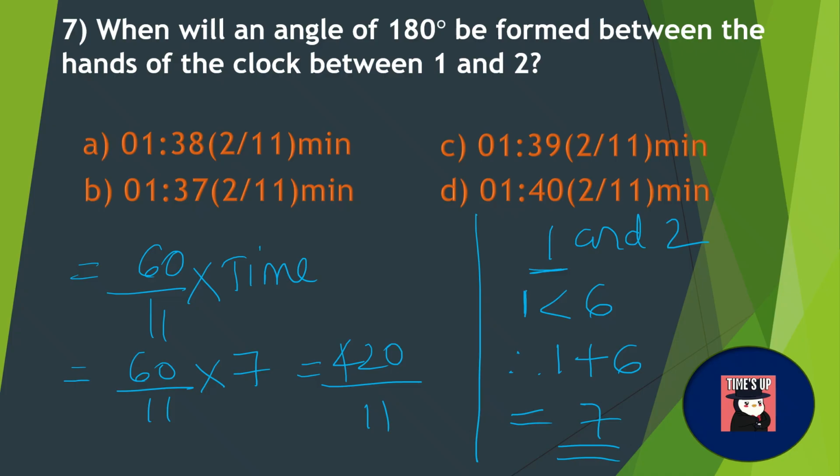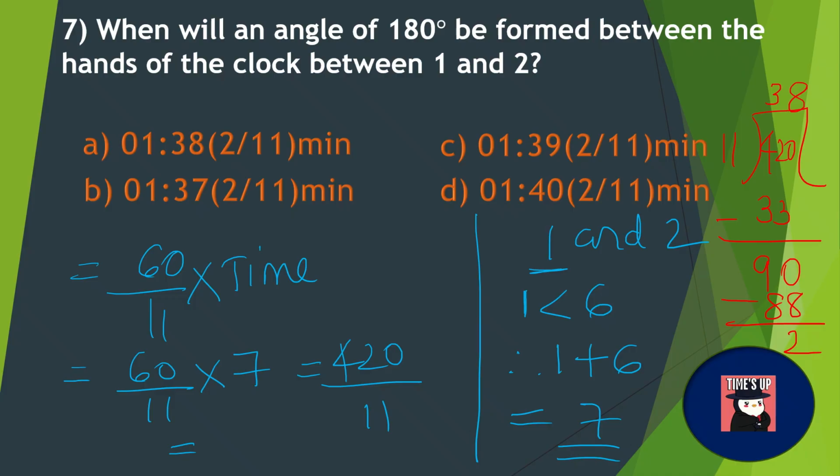Now, 420 divided by 11 when I do, 11 threes are 33, so you will get 9. Then 11 eights are 88 and you are getting a remainder of 2. So how will you write this? 420 divided by 11.